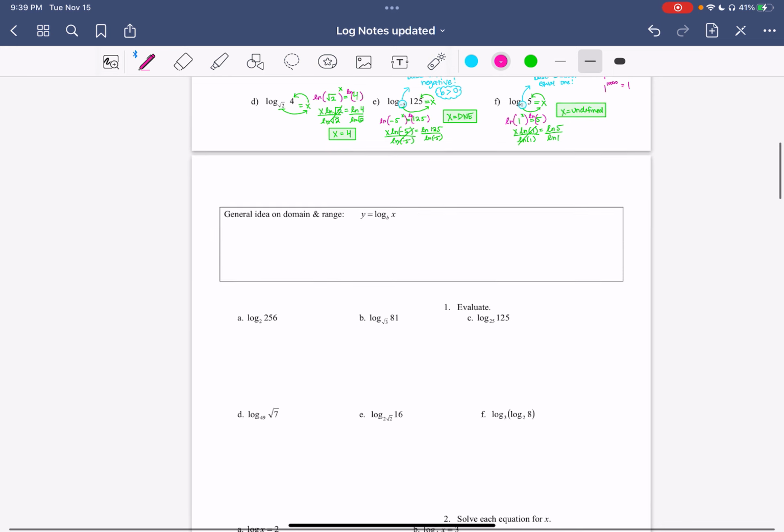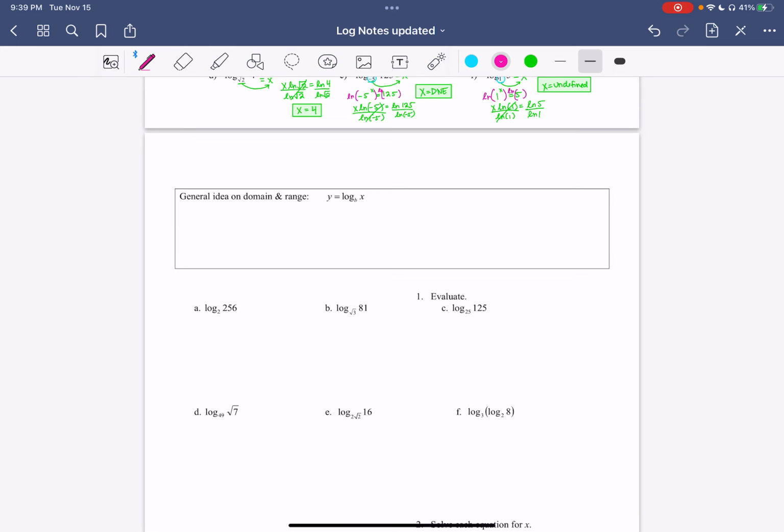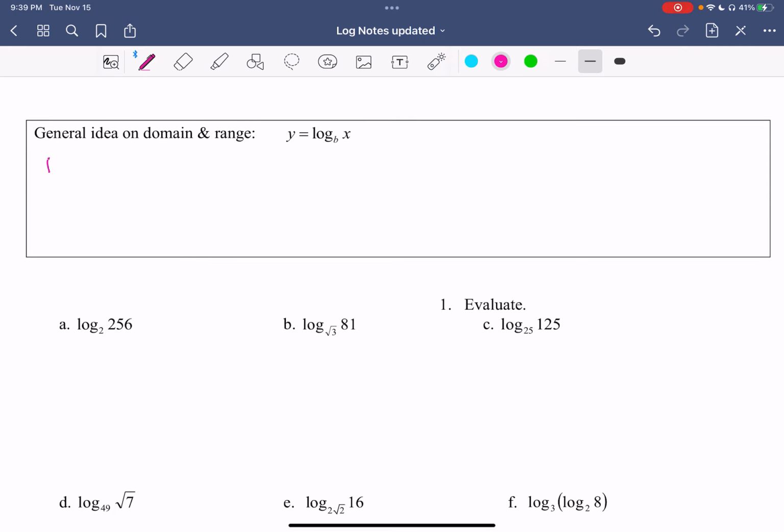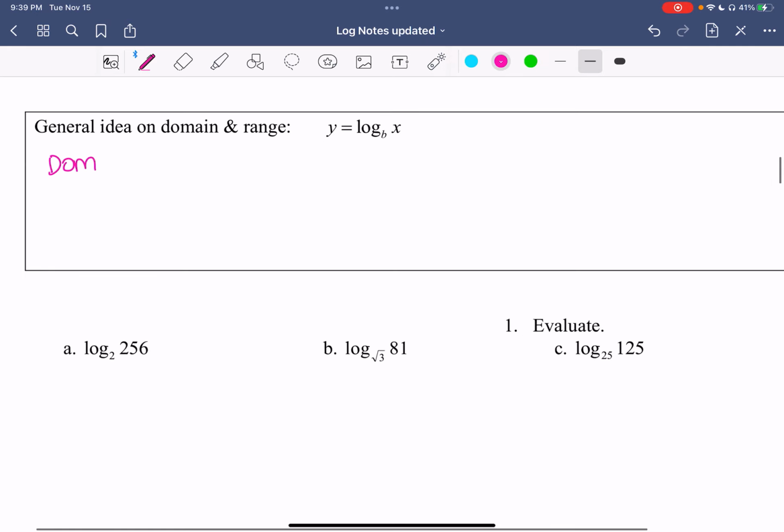All right, so the general idea for the domain and the range. The domain, if you remember, is the set of the x values. Here the x value represents the argument. And we already said at the beginning that the argument cannot be negative and it cannot be 0. So for that reason, it has to be greater than 0. So I can write the domain as 0 to infinity.